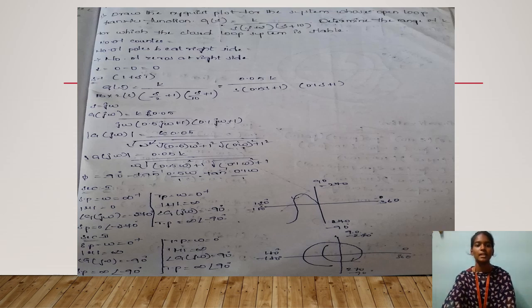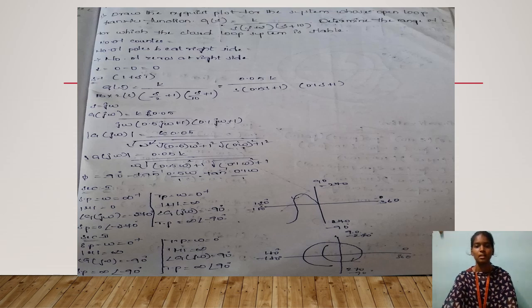Here phi is equal to tan inverse. There are three sections, and the curves represent the s equals jw form. Here we can see section 1, section 2, and section 3. The curves are going to decide the imaginary part and the real part.